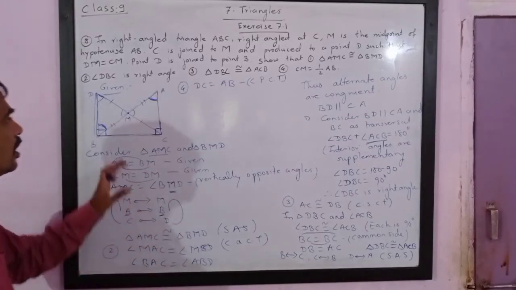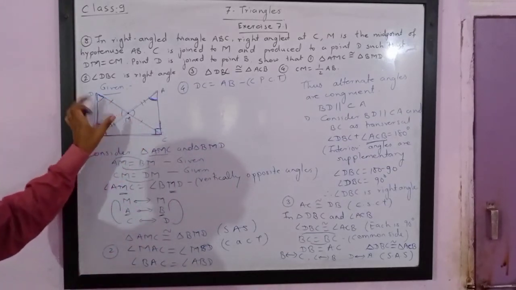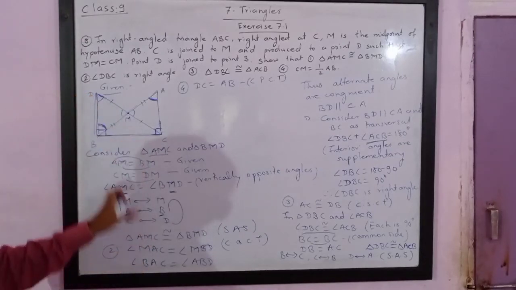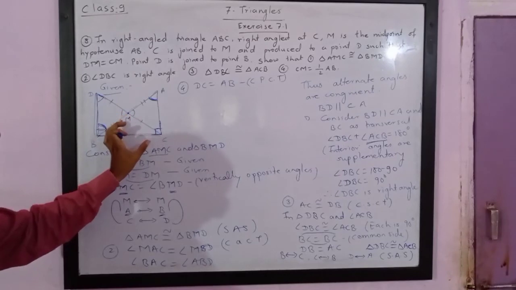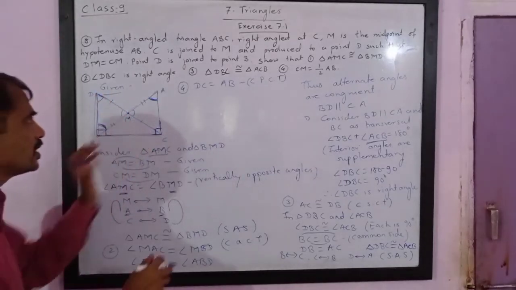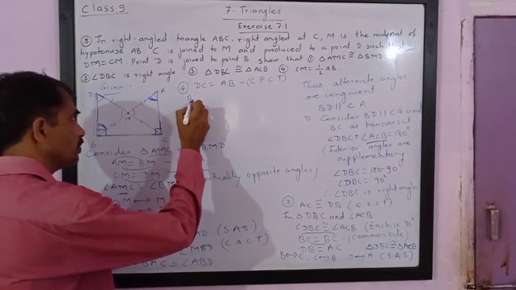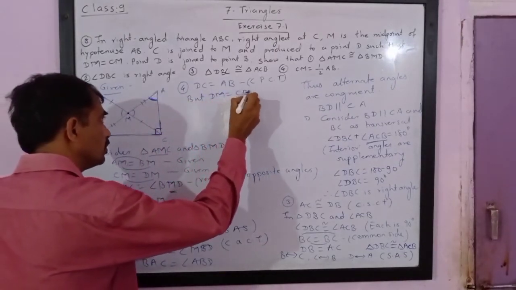Now see, DC is equal to, we need CM. See, we have already written DM is equal to CM. It means I can say that DC is equal to twice CM. But DM is equal to CM.